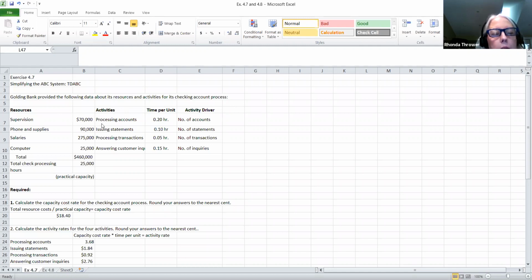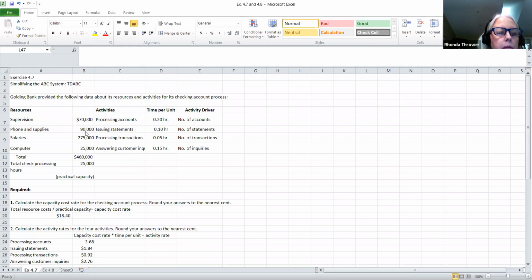One of our resources, one of our overhead costs, is supervision of $70,000. Our activities are processing accounts, issuing statements, processing transactions, and answering customer inquiries. These are the activities that we're going to divide up and assign the overhead cost to.